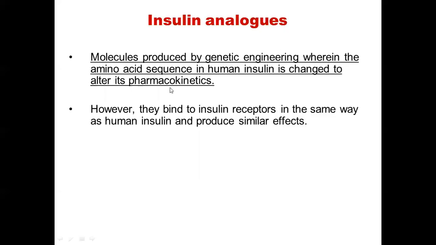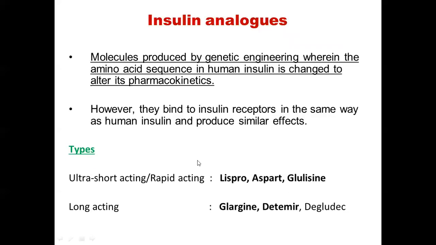In the previous slides, I showed you that though the regular insulin and the intermediate insulins were prepared, they were not mimicking the basal or the bolus secretion because of their pharmacokinetics. So this is an attempt to make insulin preparations which can mimic the physiological insulin secretion by changing their pharmacokinetics. However, they bind the same insulin receptor and produce the same effects. That is, their PK changes, but their pharmacodynamics is not changing.